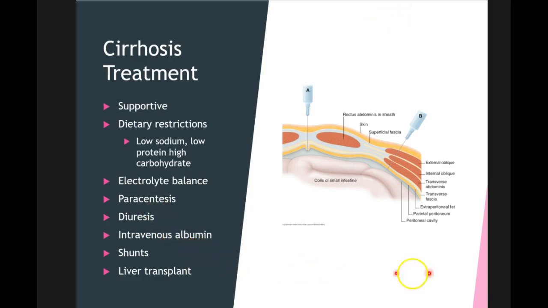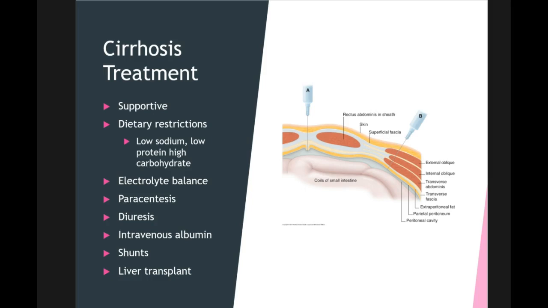I kind of mentioned this before, but let me reiterate that whenever you have ruptured esophageal varices, it is an emergency situation. People with cirrhosis need to know that if they start vomiting blood, or if they notice blood in their stool or black tarry stools, they need to seek immediate medical attention.